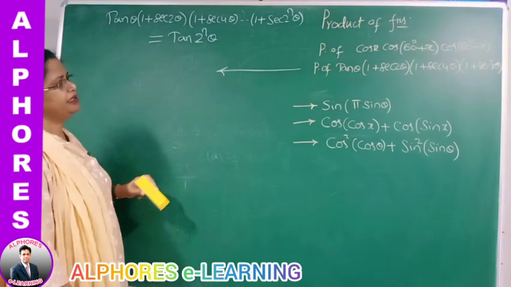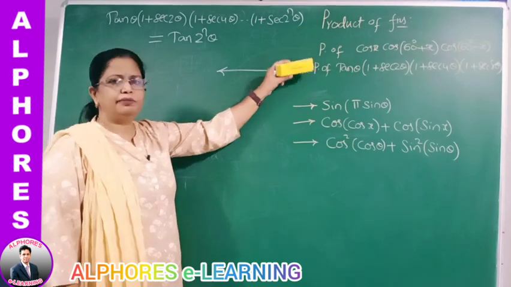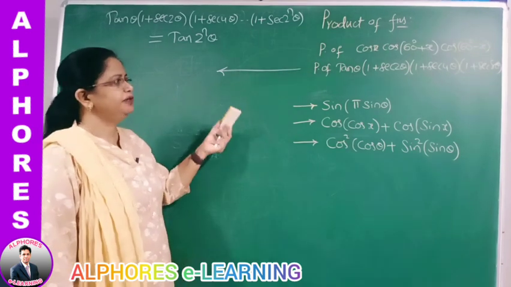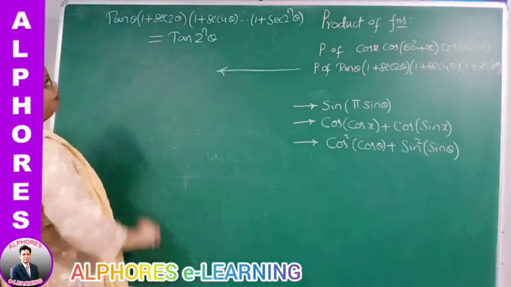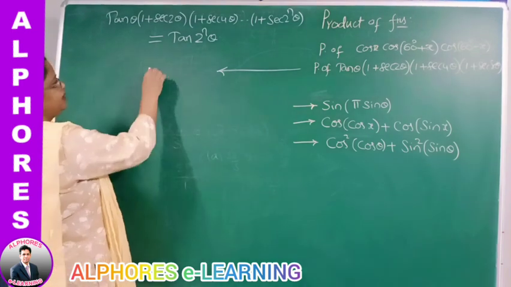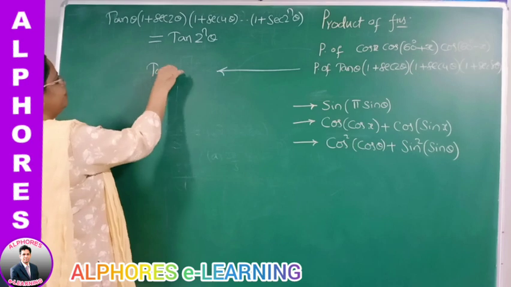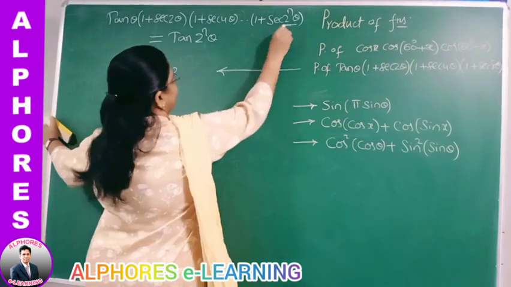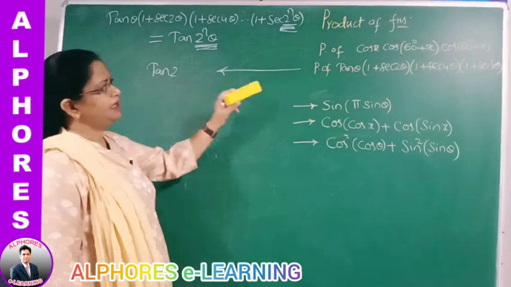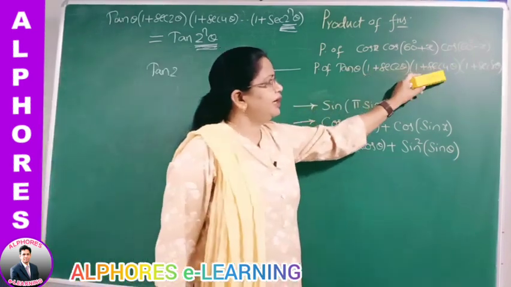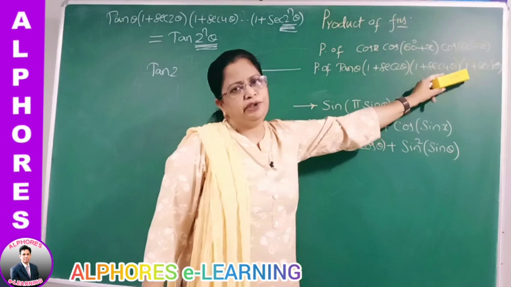That's why students, these kinds of values you must remember, so that they will be useful in many other chapters also. Now as we know the formula, directly I am making use of it, that is tan 2 to the power of whatever the last term is, the same term present here. Now tan theta is there, 2 theta, 2 square theta, this is 2 cube theta, right?